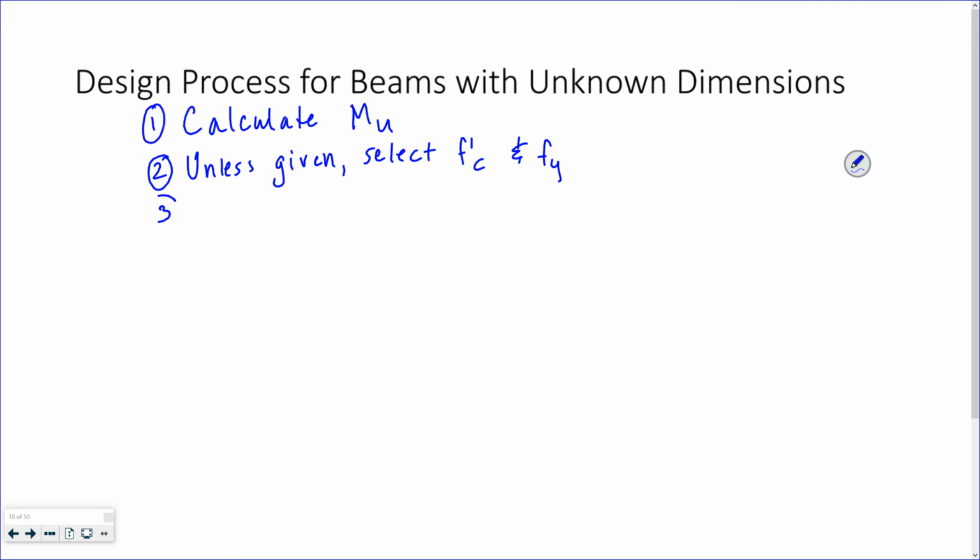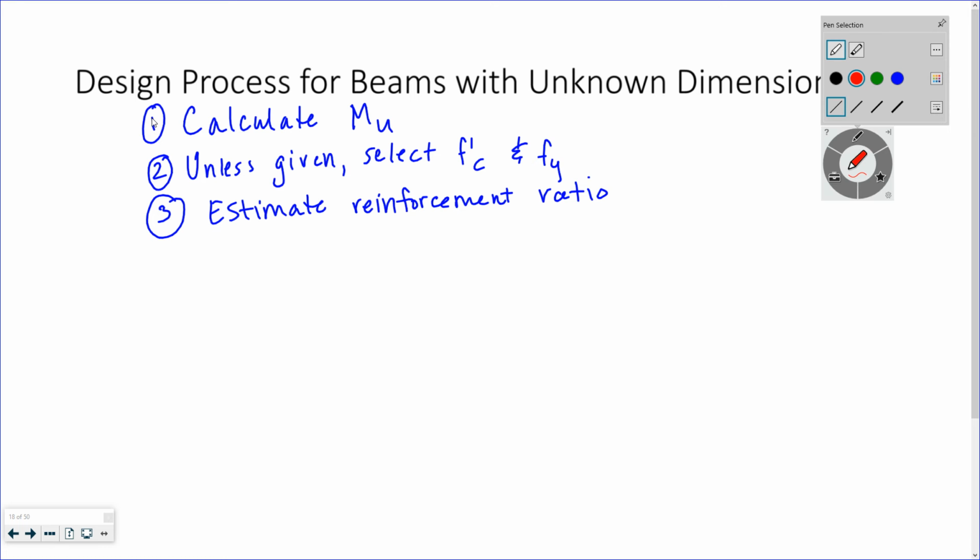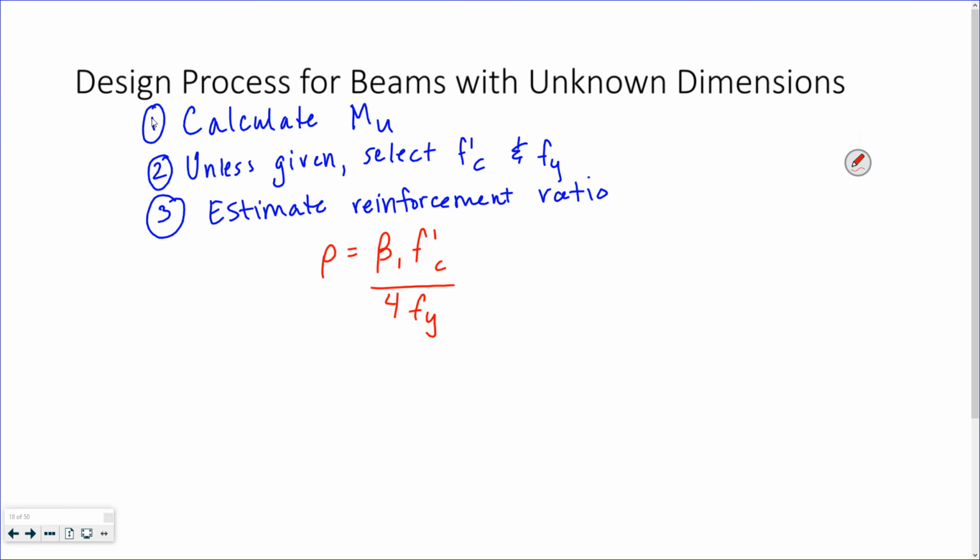Estimate a reinforcement ratio. That was our equation that we just used earlier, beta 1 f'c over Fy.